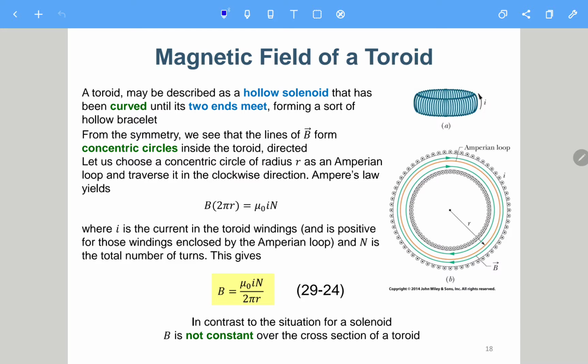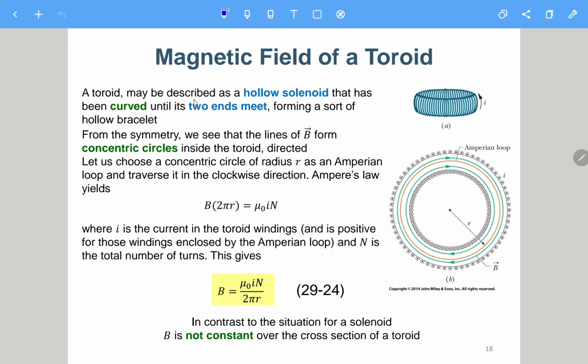So here we also consider the magnetic field of a toroid. A toroid is somehow like a solenoid when you try to connect both ends together.